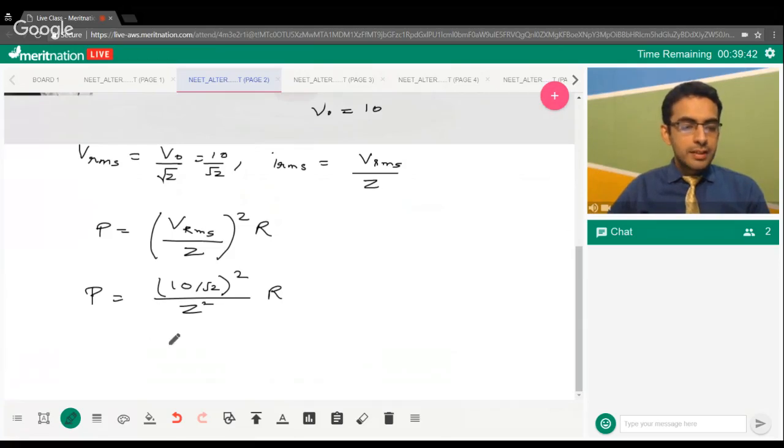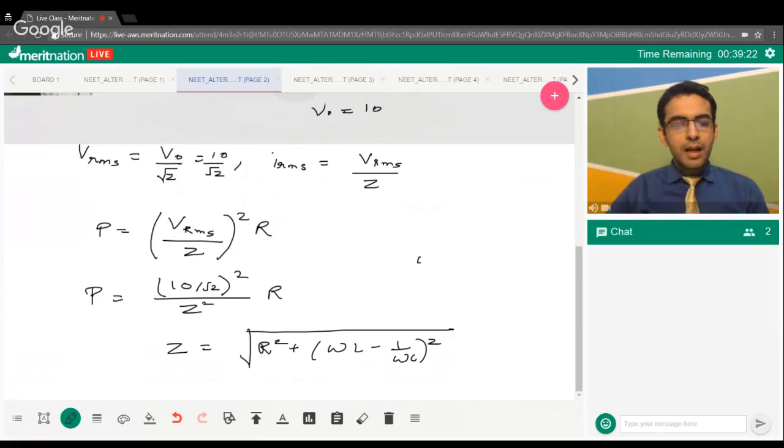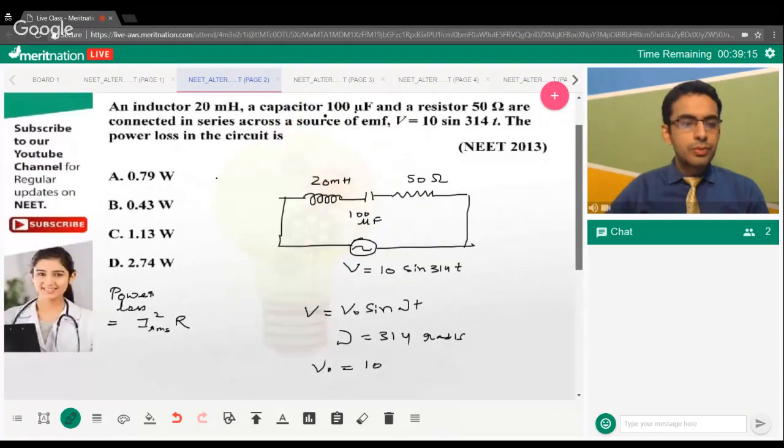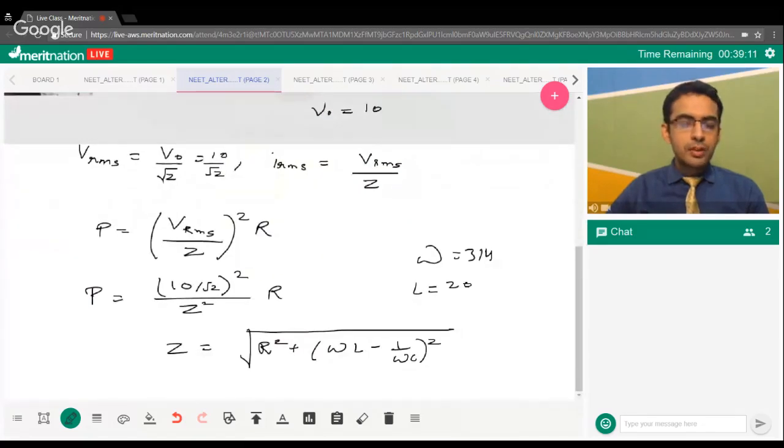So yes, Z is equal to under root of R square plus omega L minus 1 by omega C whole square. This is the way we calculate the value of Z. In the given question, omega is 314, L is 20 millihenry, so 20 into 10 to the power of minus 3 henry, and C is 100 into 10 to the power of minus 6 farads.